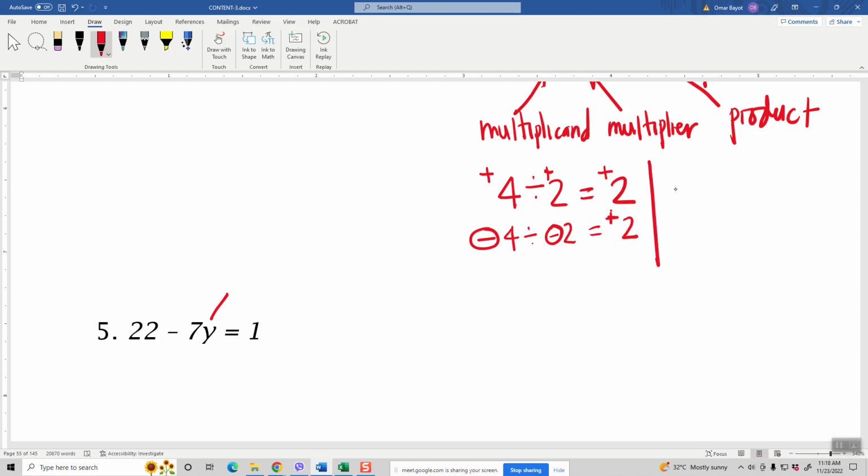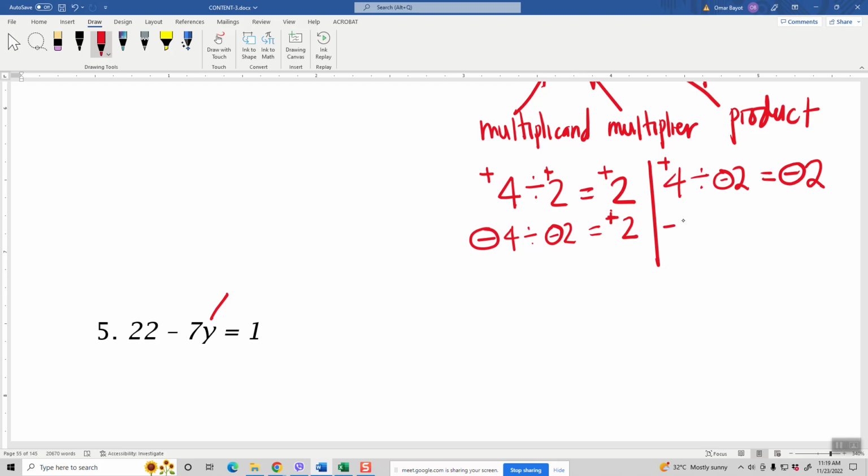On the other hand, 4 divided by negative 2, you will end up with negative 2, which is in particular the quotient. So 4 carries a positive sign while 2 carries a negative sign. That's why your end quotient here will be negative.